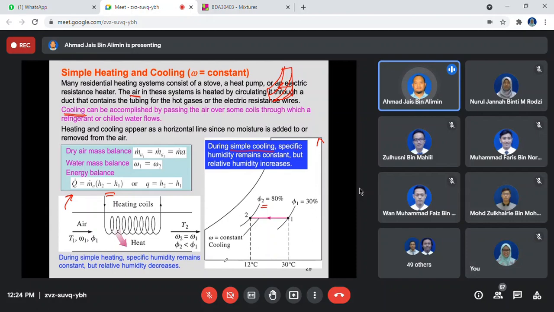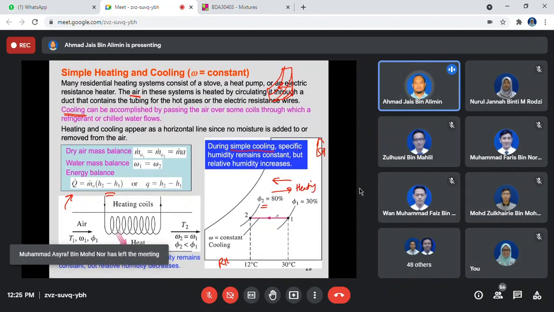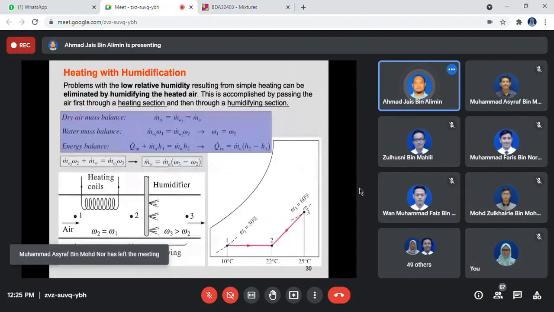The x-axis is the temperature and the y-axis is the specific humidity. So this is simple heating and cooling. Cooling, you go to the left, and heating, you go to the right.